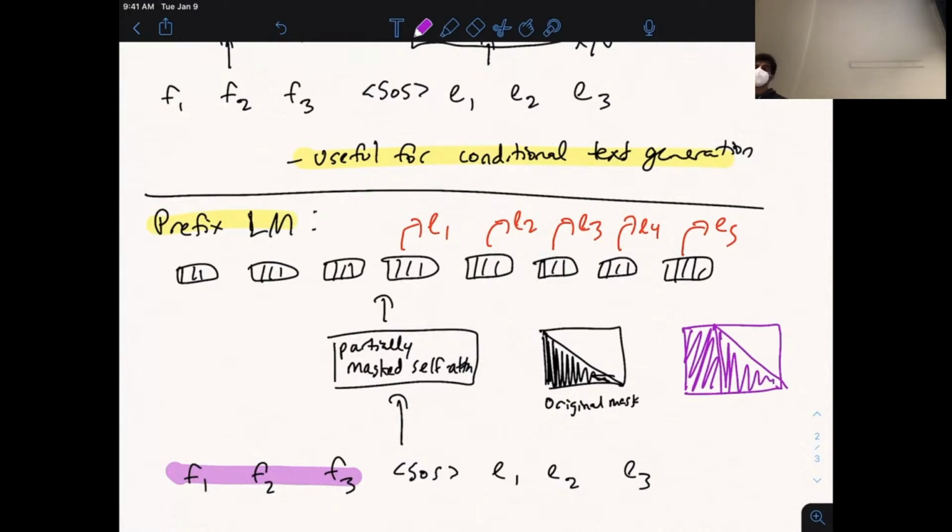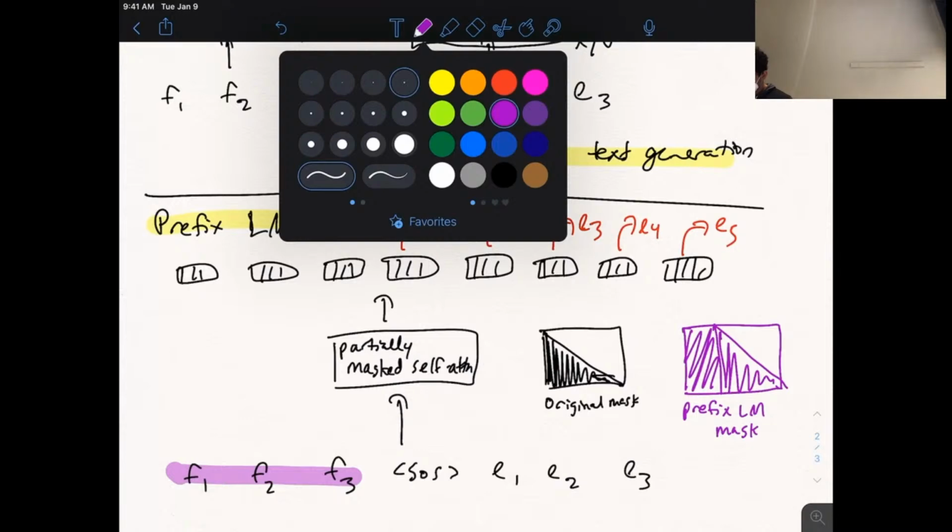So does that make sense? This is the prefix LM mask. And this lets me, with a single model, solve a conditional text generation task. Because whatever input I have, I can stick into the language model and process it with unmasked self-attention. And then whatever I'm actually trying to generate, like the translation, I can use masked self-attention to actually produce those tokens.